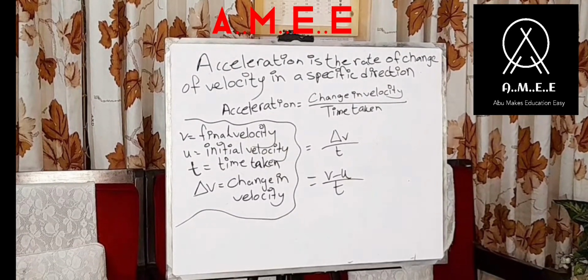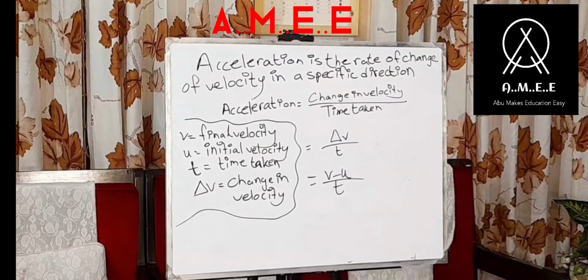The last thing we are going to learn is deceleration, but before that, acceleration. Acceleration is the rate of change of velocity in a specific direction. So acceleration is equal to change in velocity by time taken.